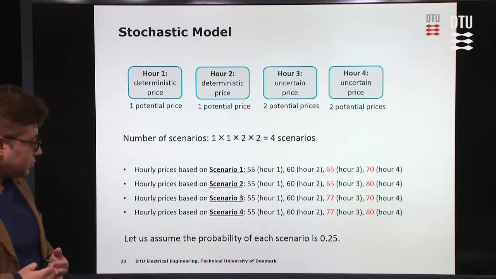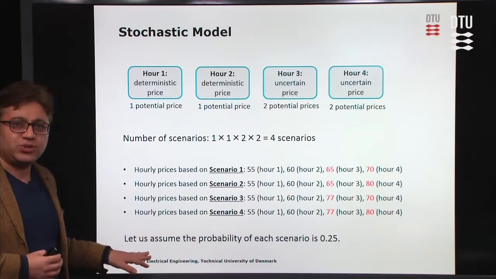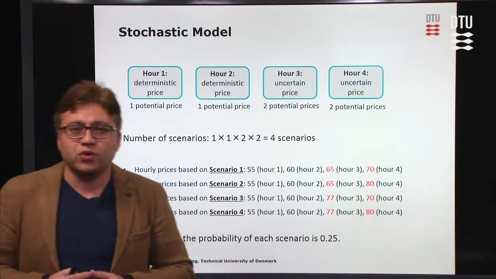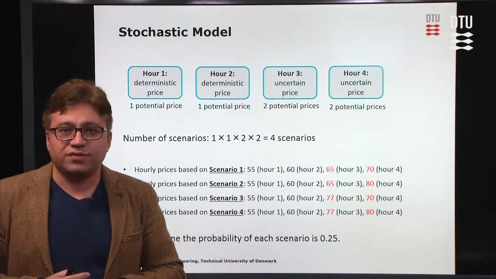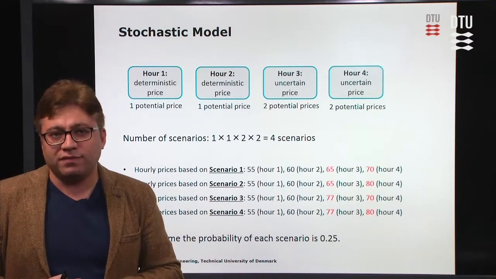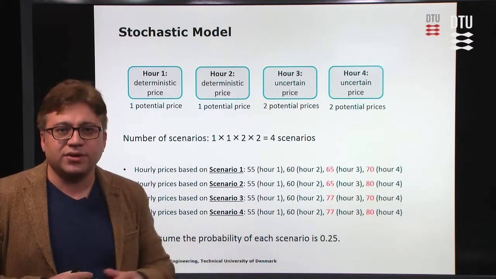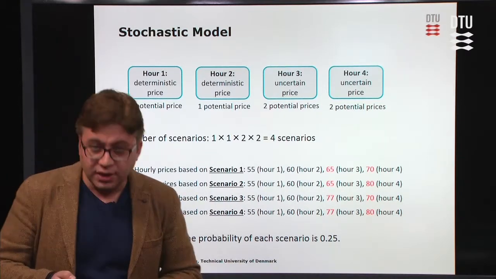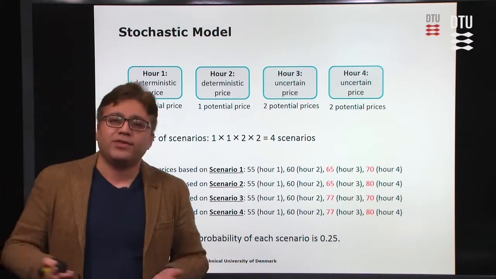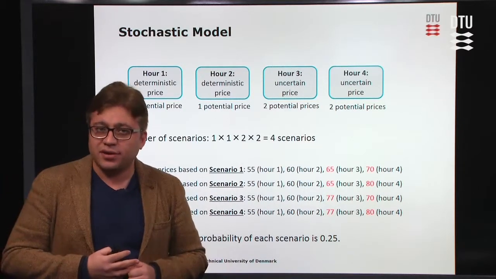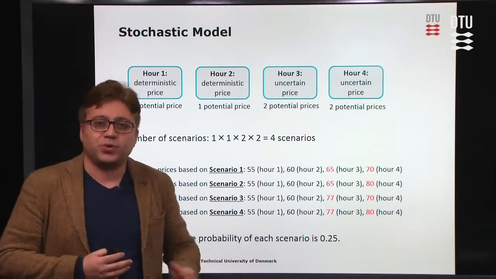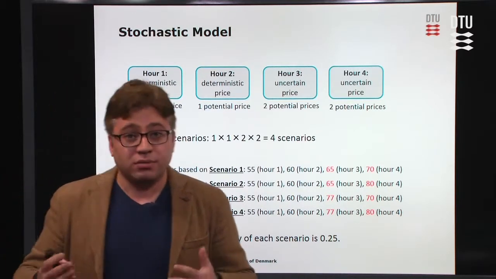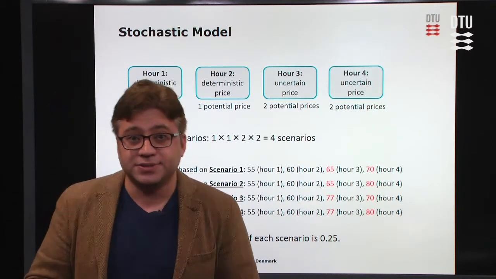Let me assume that the probability of each of those 4 scenarios is 0.25, meaning all scenarios have the same probability. Again, how to generate the scenarios and how to assign these probabilities are outside the scope of this lecture, but they are very interesting topics.